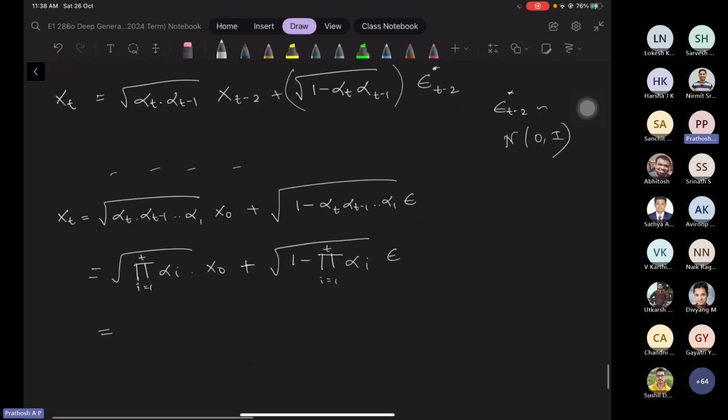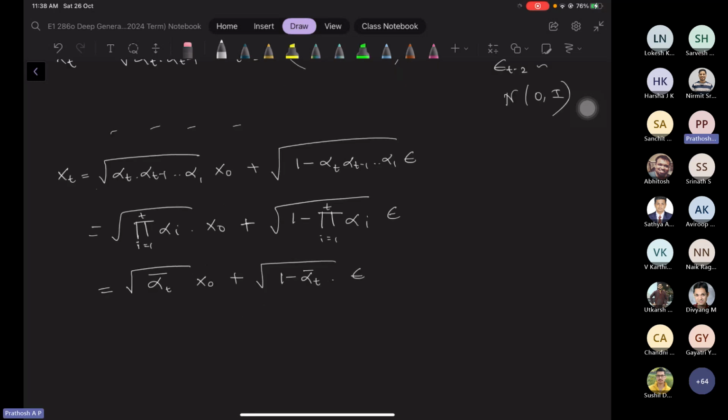This is equal to root of alpha t bar times x naught plus root of 1 minus alpha t bar times epsilon, where alpha t bar is the product of all the alphas up to t. Okay. So now this is an equation.